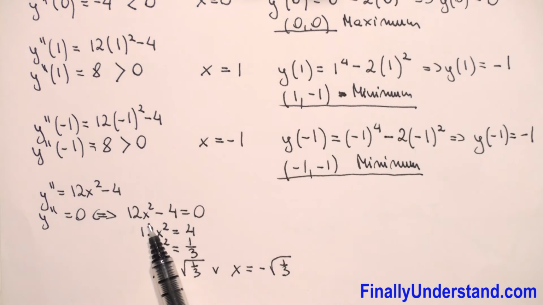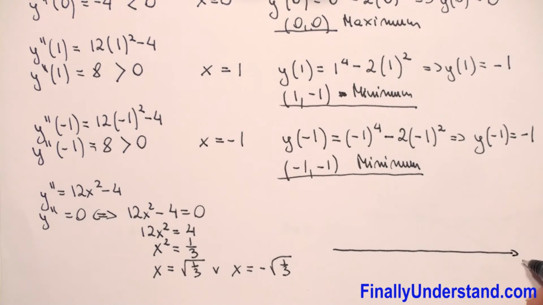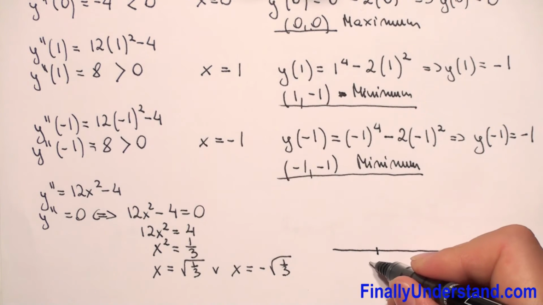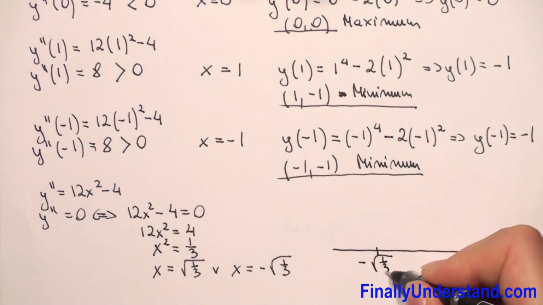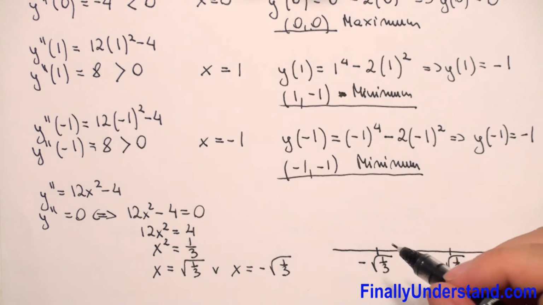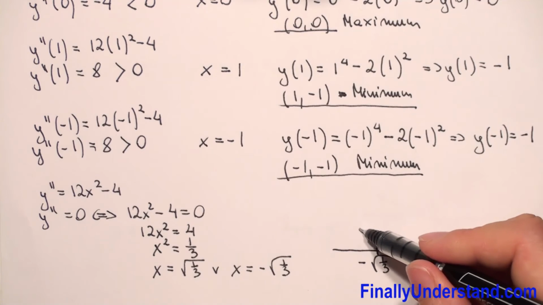So we have a quadratic function. The graph will be a parabola. We have x, we have roots, negative square root of 1/3 and positive square root of 1/3. Now the parabola opens up because we have a positive coefficient before x squared.